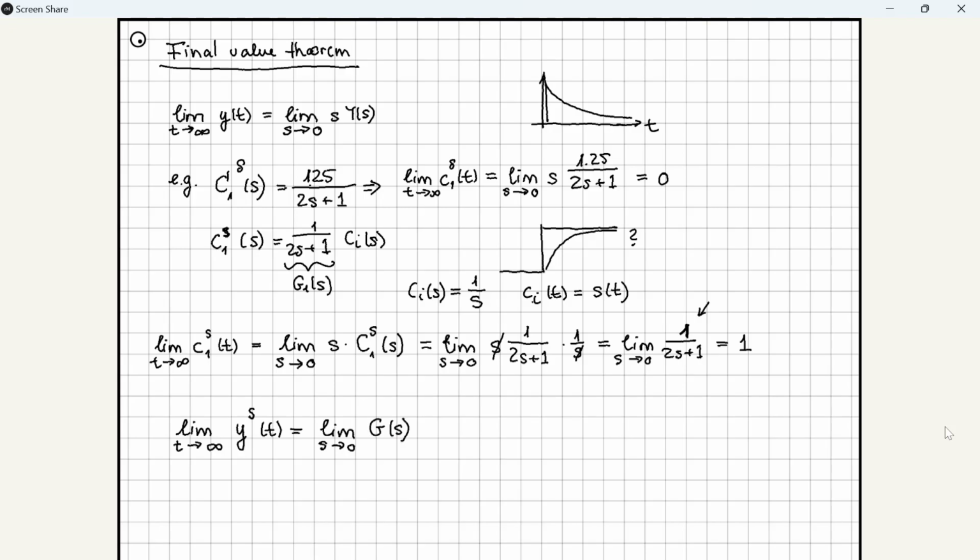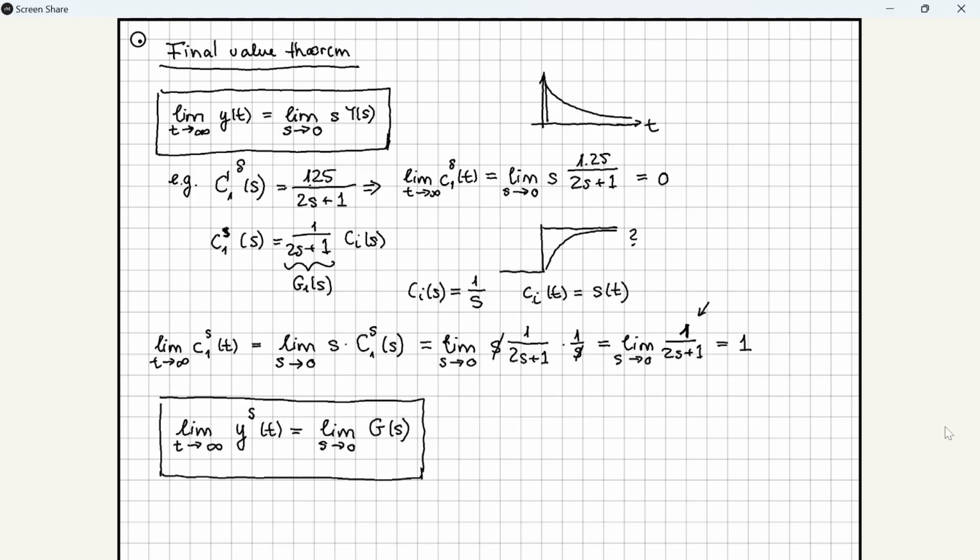Because this cancelling out of s and 1 over s always happens, we can do a shortcut and say if we have a step function and we would like to know the output using the step input, it is simply the transfer function. So we're getting two very important equations here, this one and this one down here, and they are incredibly useful throughout.